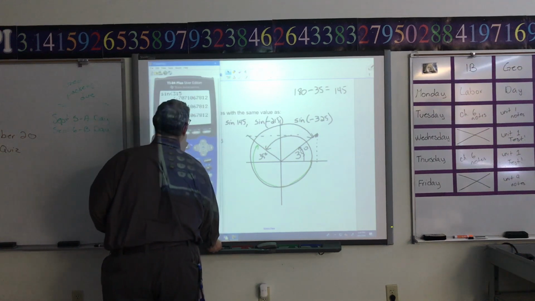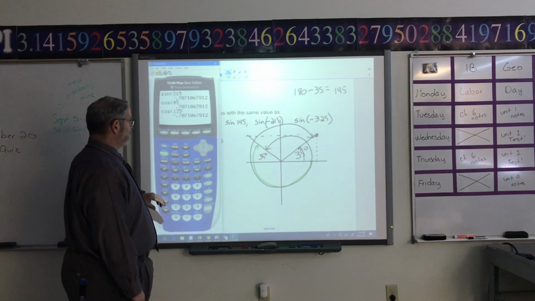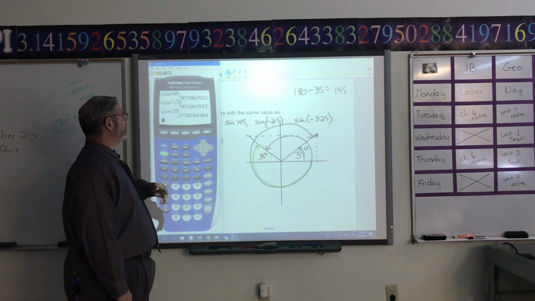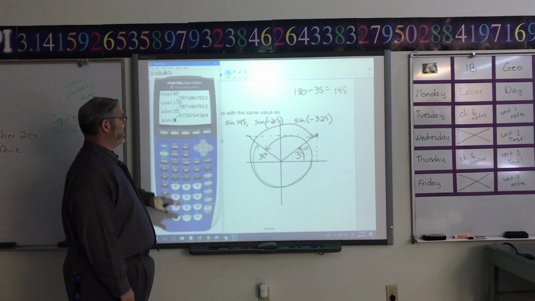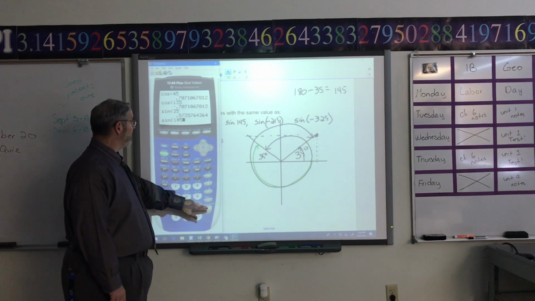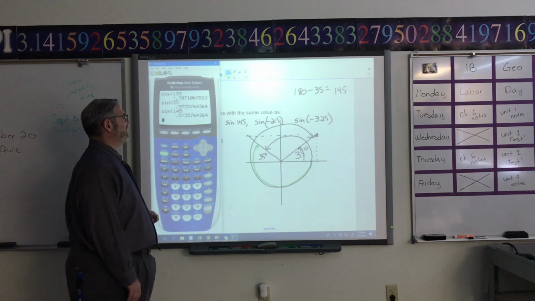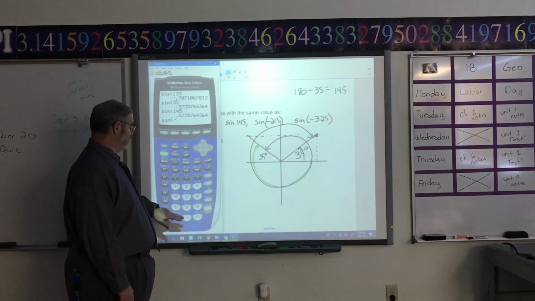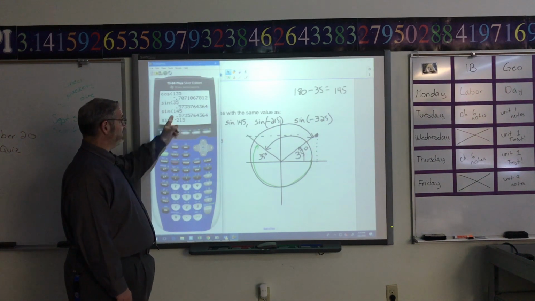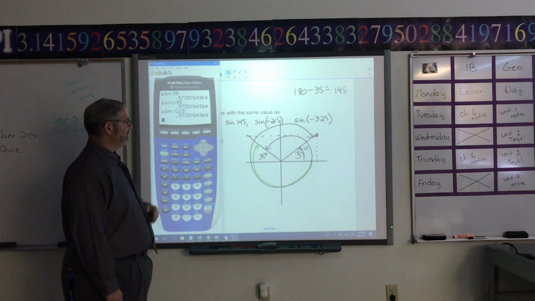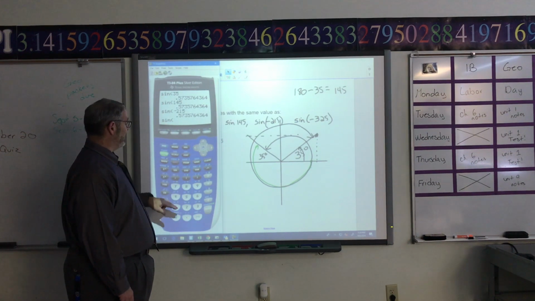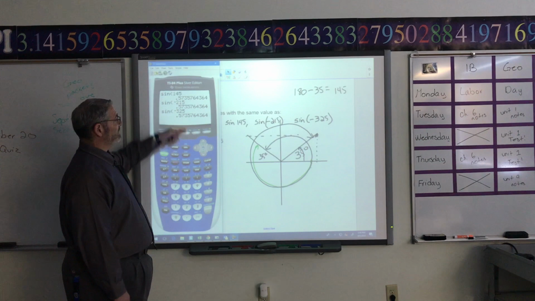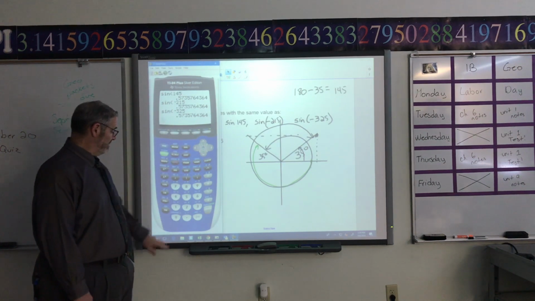If we plug it into our handy-dandy calculator, we're going to start with the sine of 35, and that's going to give me 0.57357. The sine of 145, same answer, 0.57357. The sine of negative 215, well, hopefully if I get it right, I should get the same thing, which I do. And then finally, the sine of negative 325. And you'll see that they'll all give me the exact same answer.